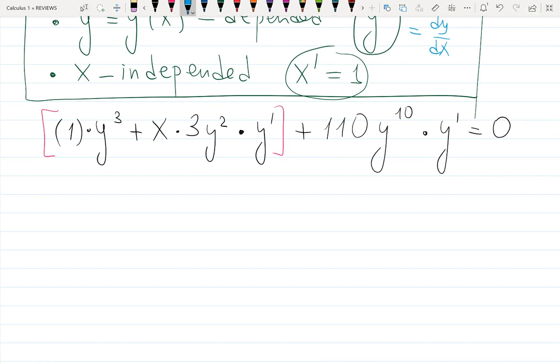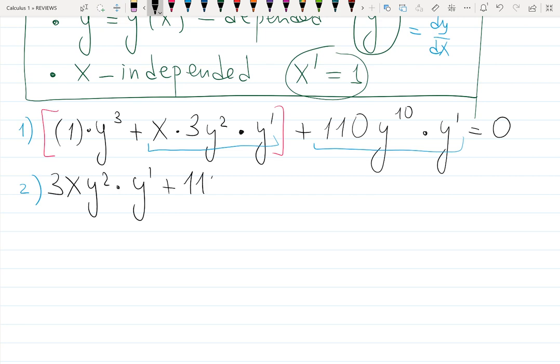That was step 1 of implicit differentiation. Step 2, locate pieces that involve y prime and move them to one side. I usually move them to the left-hand side. I will do 3x y squared times y prime plus 110 y to the 10 times y prime equals. I was lucky those pieces were already on the left-hand side. Then whatever is not involving y prime should be moved to the right-hand side.